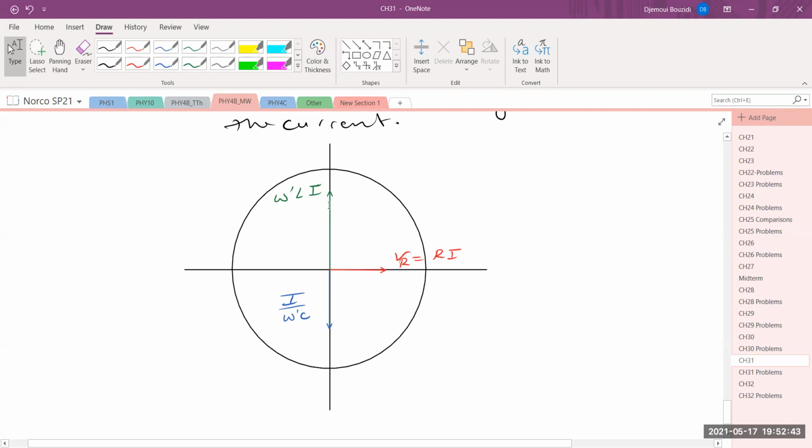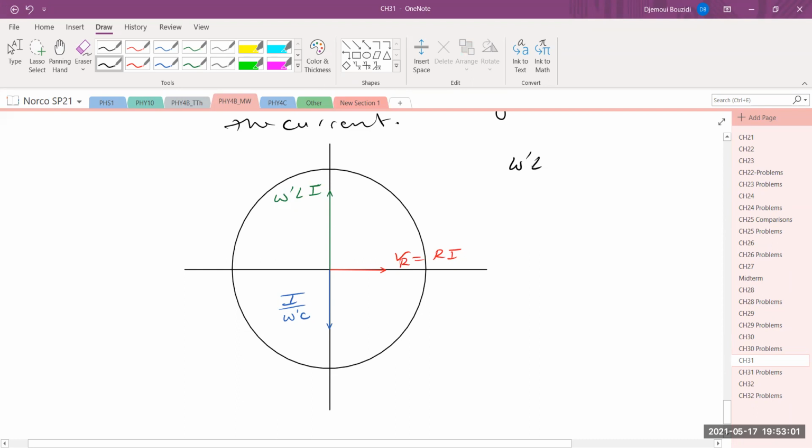Obviously, I need to find the difference between the green vector and the blue vector. If the green vector is leading, in this case, the circuit is called an inductive circuit. Obviously the I is the same everywhere, so I don't care about that.